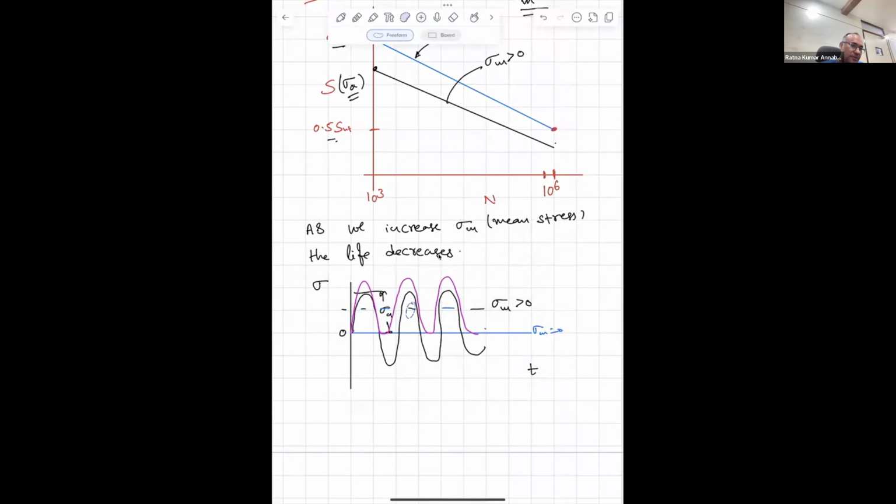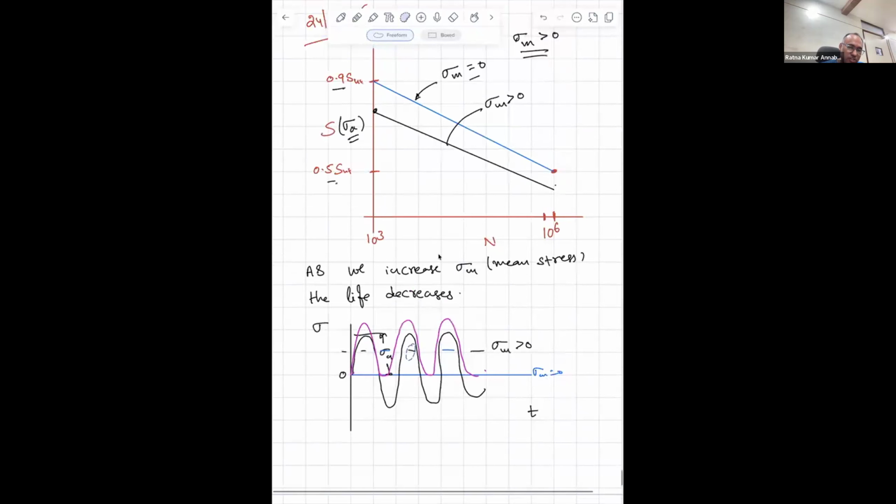The black line above corresponds to sigma m greater than 0 and the blue line is sigma m equal to 0.